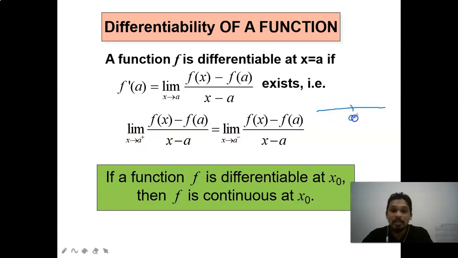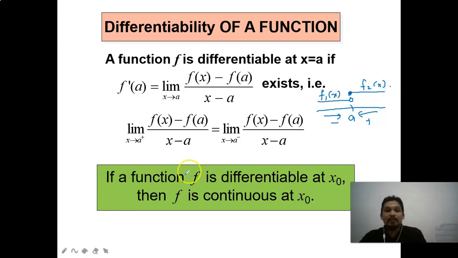Let's say this is a. There are cases where x approaching a from the left and x approaching a from the right have different functions, the first function f1 x and f2 x. If a function is differentiable at x equal to x naught, then f is continuous at x naught. So we'll see what's the meaning of all this.